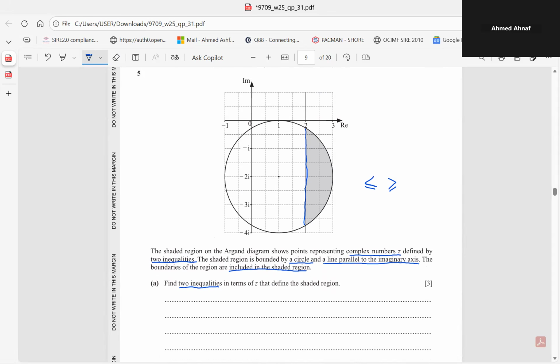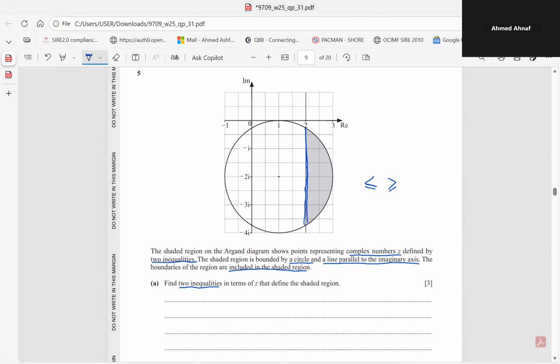Instead of them giving you the inequalities and you sketching the Argand diagram, now it's the other way around. They give you the sketch and you have to figure out what the inequalities are. We can see that only a portion inside the circle, including the boundary, is shaded.